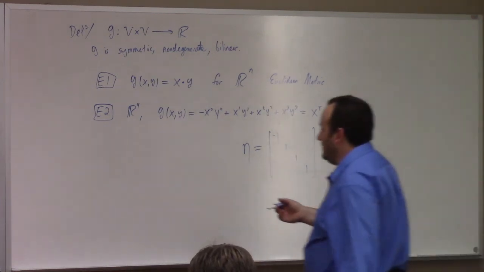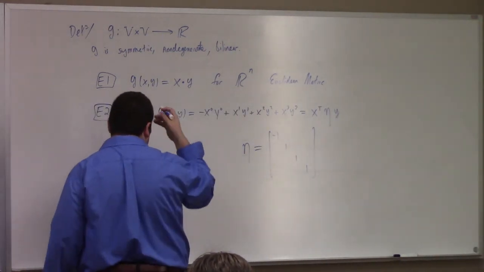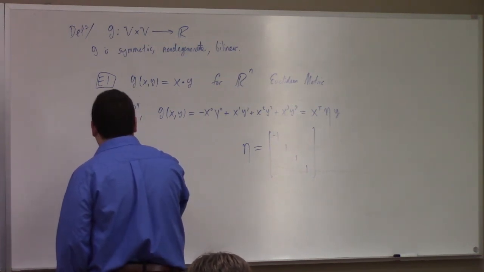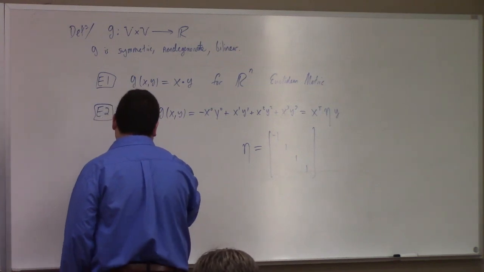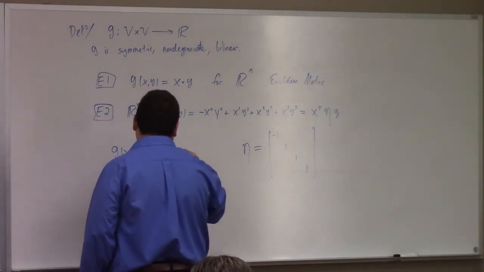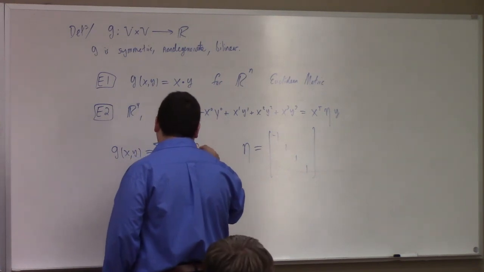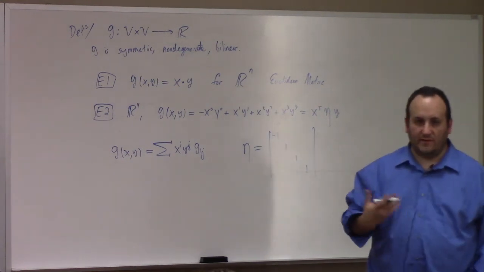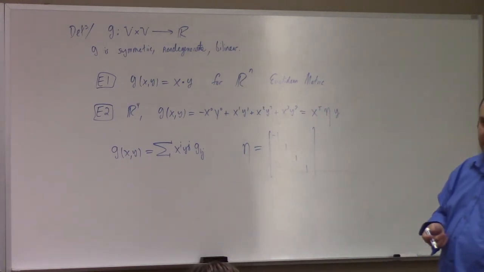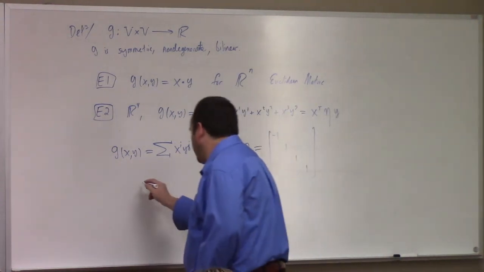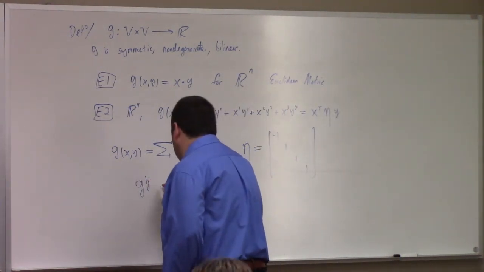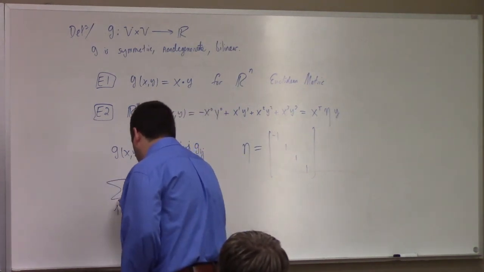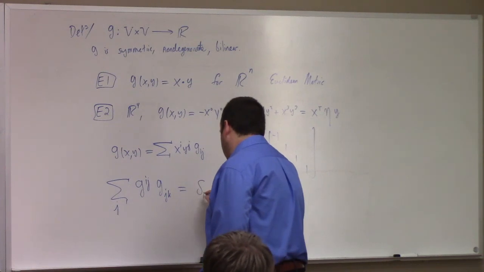Once you have a metric, getting to the point here, g of x, y you could write like this: the sum of x sub i, y upper j, g lower ij. So we can look at the components of the metric, g lower ij, and you can talk about g upper ij such that the sum over j of g lower jk times g upper ij gives the Kronecker delta.